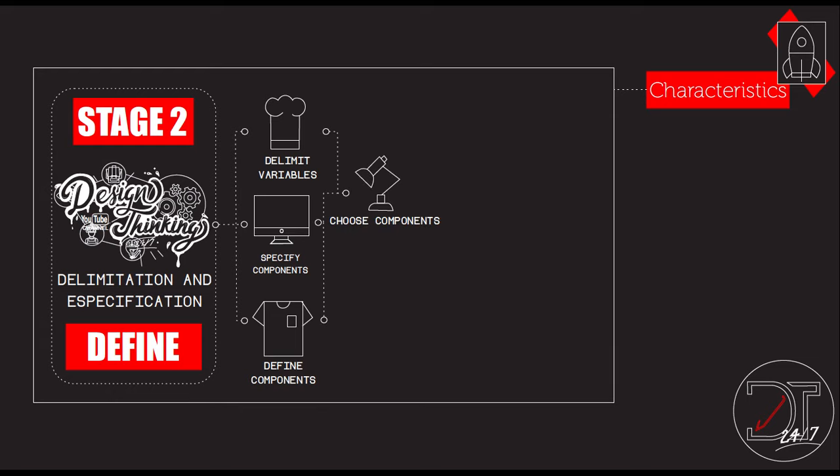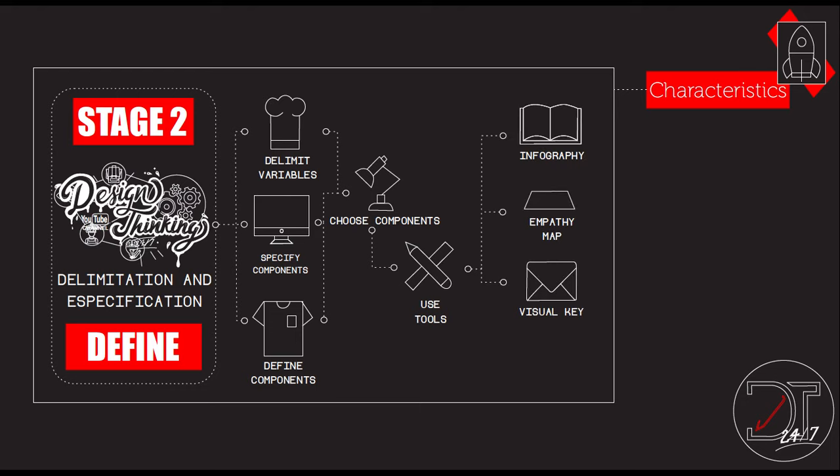So when you already have empathy with the situation of a problem and you specify all the different components, you start to choose where, when, and how you are going to work. And how do you do that? You use the different tools that the methodology has. These are the main tools, but there are many different tools.